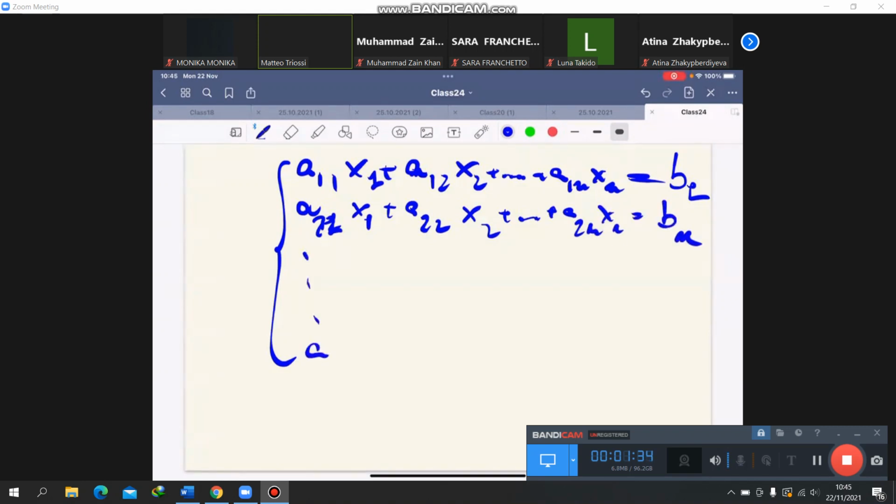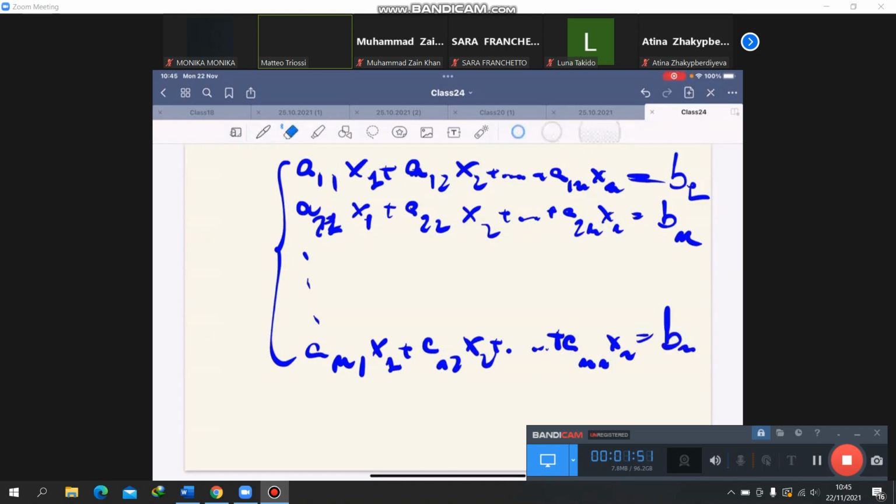And so on. an,1 x1 plus an,2 x2 plus an,n xn equal bn. Sorry, I had anticipated this, but it should have been b2. But it doesn't really matter.